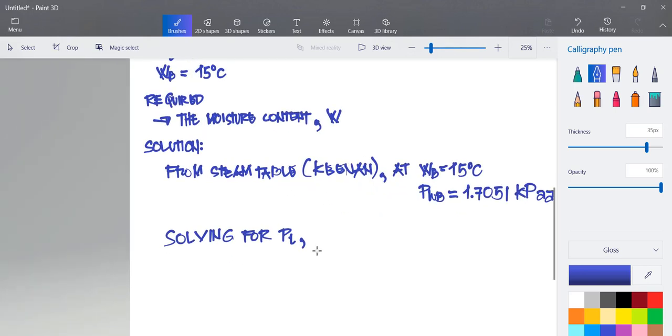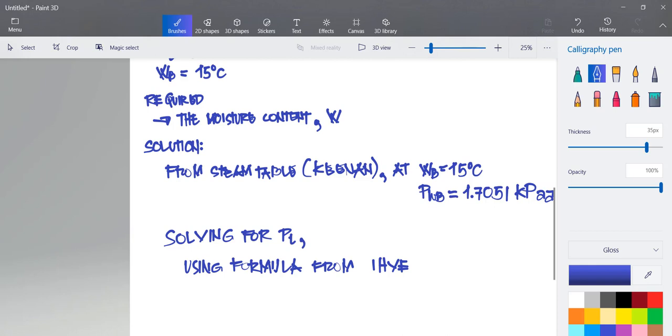So we have the equation, so using the formula from IHVE.